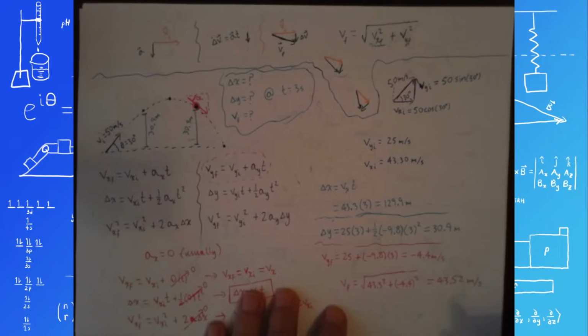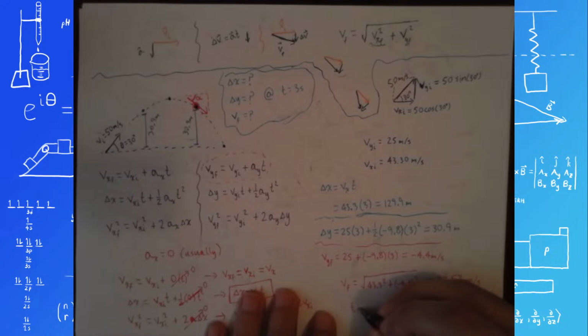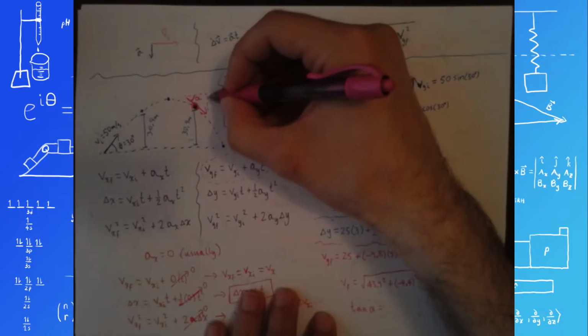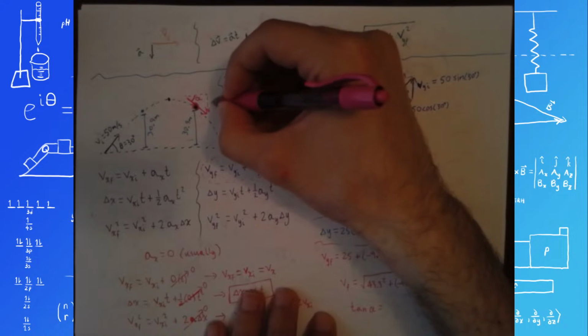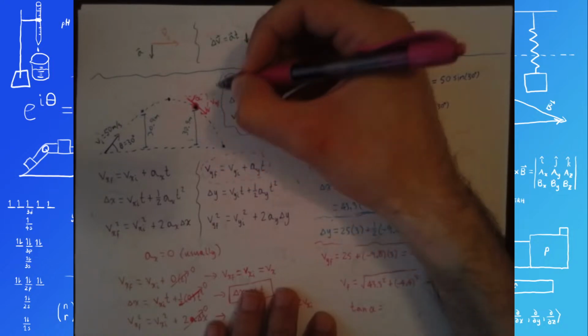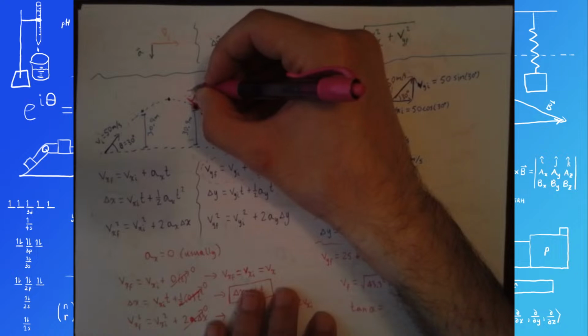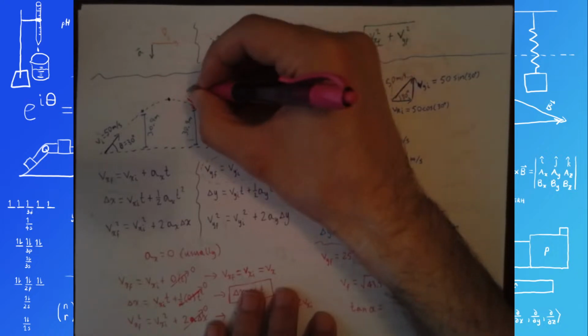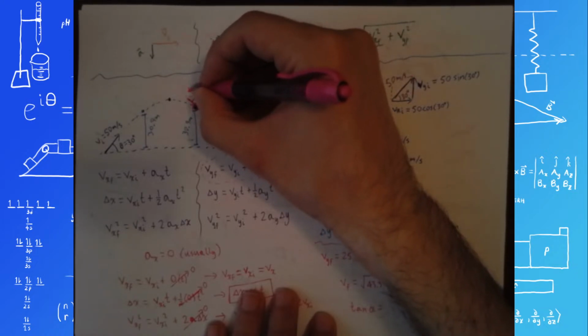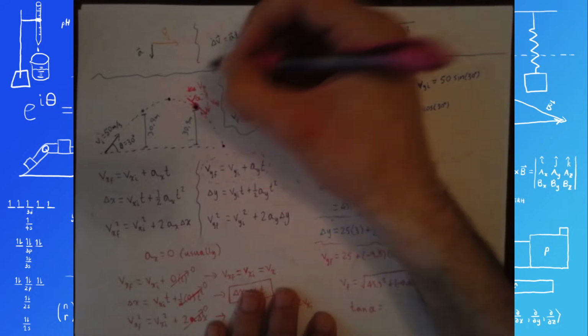So let me see, tan of alpha is going to equal the opposite component, which is Vy final, over the adjacent component, which is just Vx.